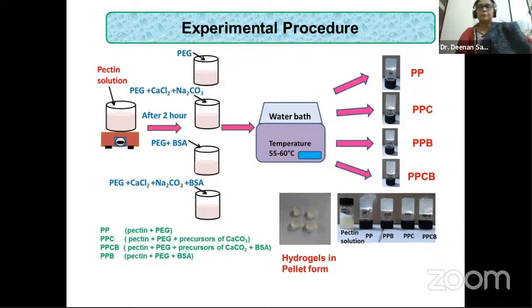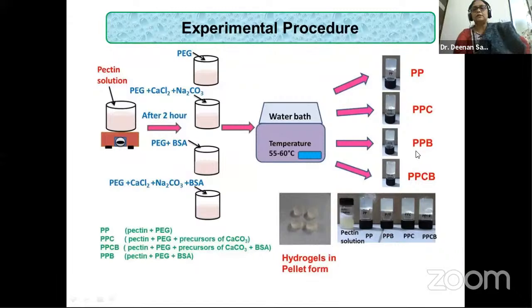By simple mixing we made the hydrogel, three different hydrogels. PP, pectin PEG, is the basic blank hydrogel, and the next one is PPC, where calcium carbonate particles are introduced in situ in the hydrogel matrix.